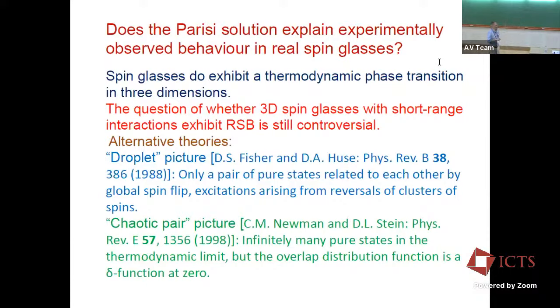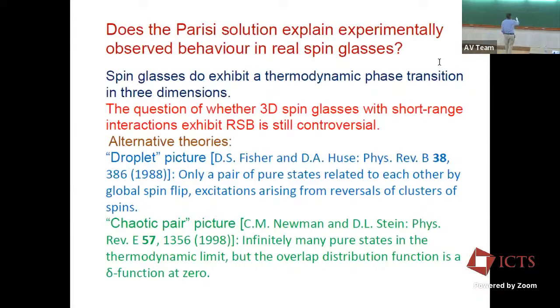Even if you create a fairly large cluster excitation, the energy needed to create it can be much smaller than what you need for a usual ferromagnet or antiferromagnet.